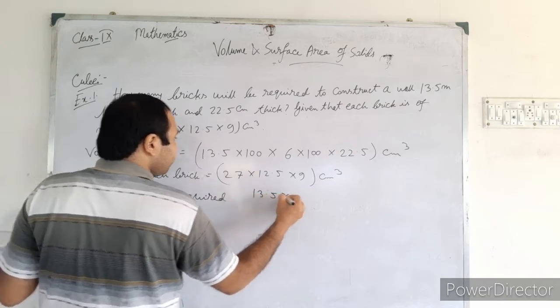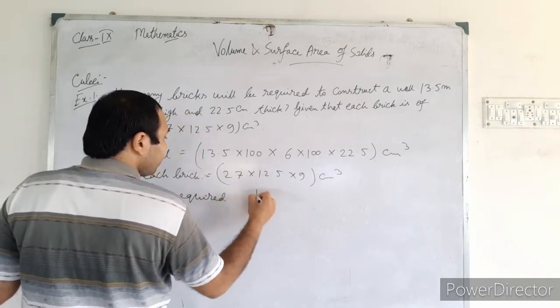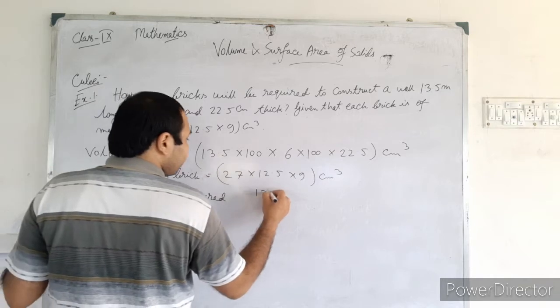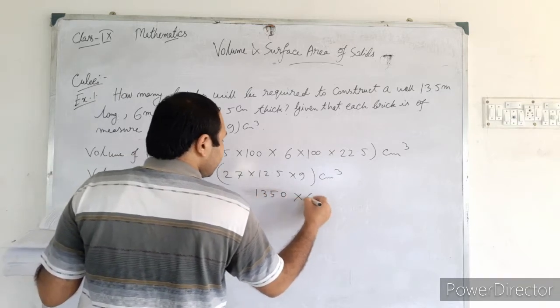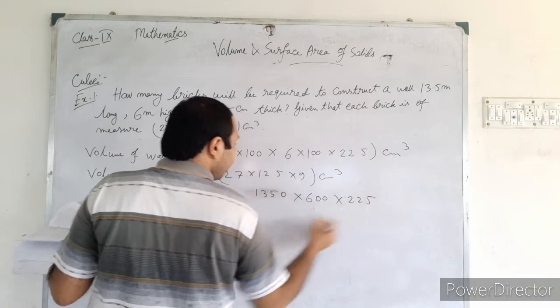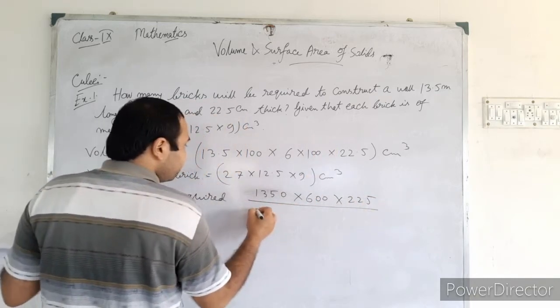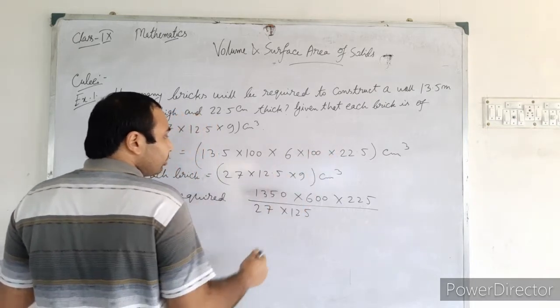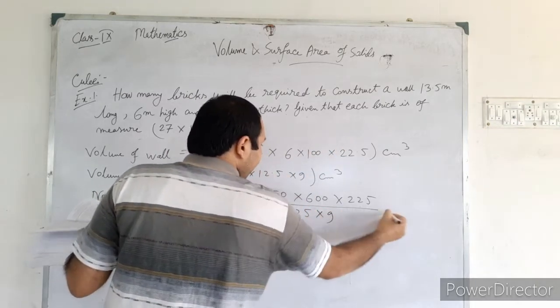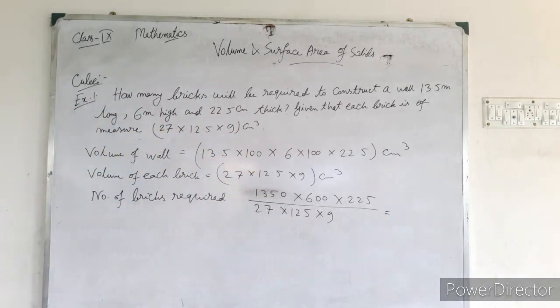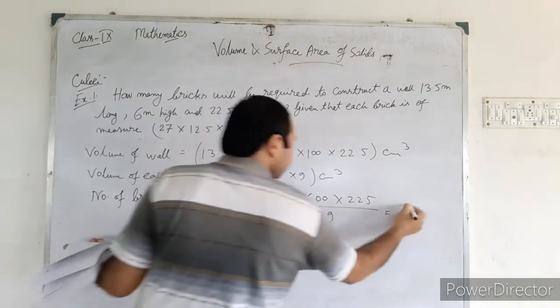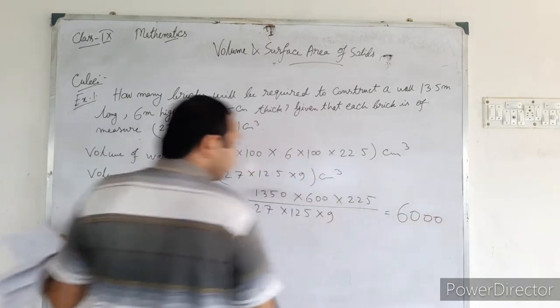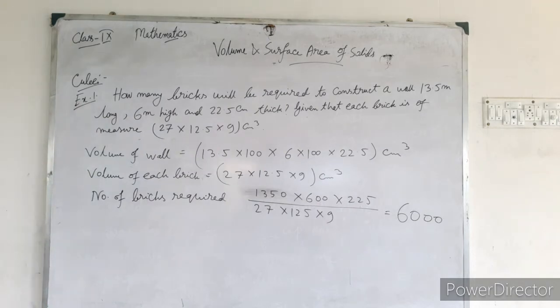So 13.5 into 100, that means 1350, into 600 into 22, here the 10 will come in the denominator, here 27 into 125, that 10 and this 10 will be cut out, 9, and in total you will get the answer as 6000. I have calculated and we have got the result 6000. So 6000 bricks are required to make that wall.